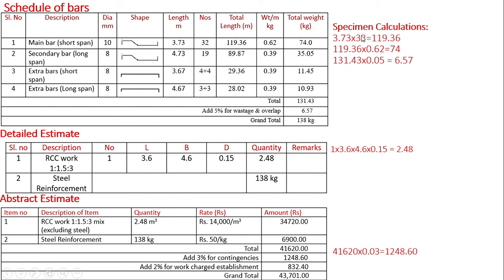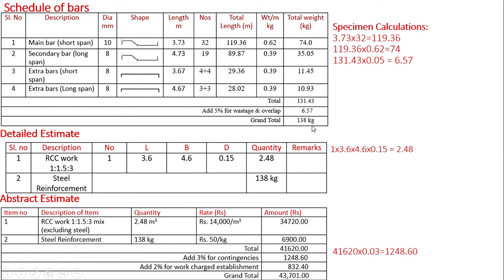Total length is equal to product of length and numbers. The weight per meter is written, and the total weight is equal to total length into weight per meter. Weight of all different categories of steel are added, and to this 5% of steel is added to take care of wastage and overlaps, and the grand total is calculated.